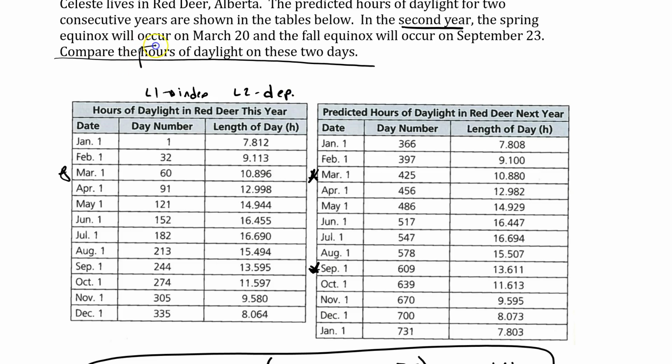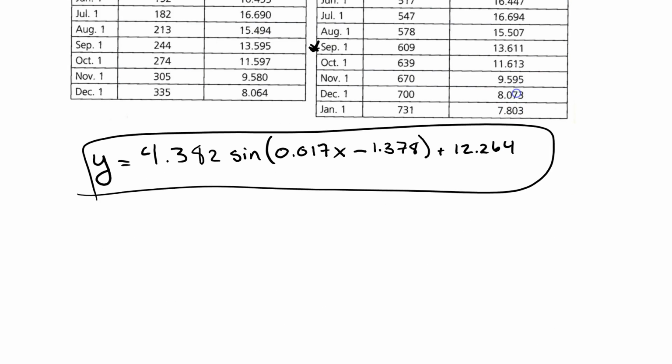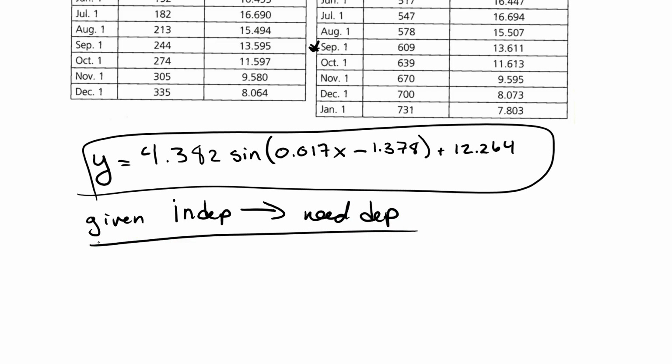So given a specific date, given your independent, figure out the dependent value. When we come across this situation, we're just going to use second trace value.